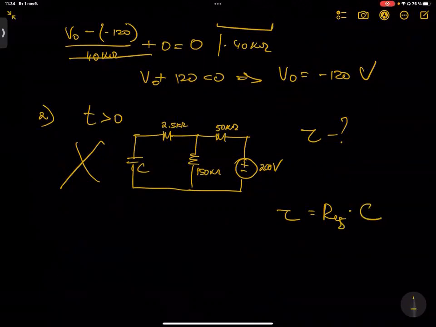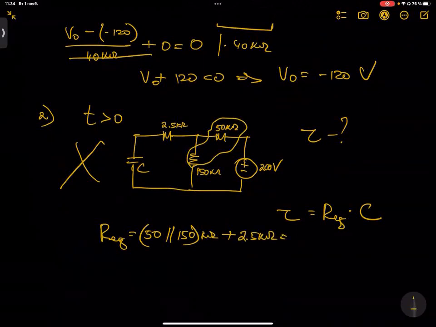In this case, we can see that these two resistors are in parallel, so our equivalent is 50 parallel 150 K ohm, and they are in series with 2.5 K ohm.